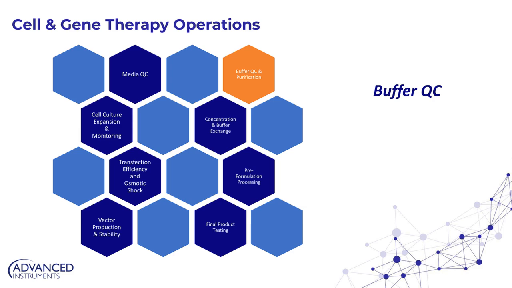Similar in a way to the media QC story that I explained earlier, osmolality testing has proven pretty valuable when it comes to buffer QC, and I would say in downstream in general. You'll notice on the poll that we don't have a lot of implementation of osmolality testing within downstream applications. That's across modalities.